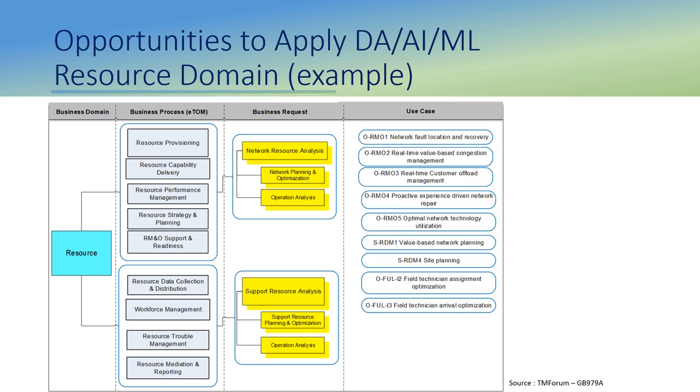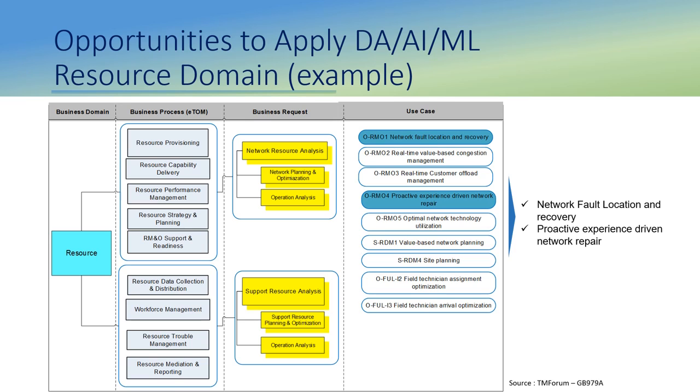Some of the model use cases where data analytics, artificial intelligence, and machine learning can be applied in the resource domain, the details of which can be referenced from GB979A of TMF, are network fault location and recovery, real-time value-based congestion management, real-time customer offload management, proactive experience-driven network repair, and optimal network technology utilization.